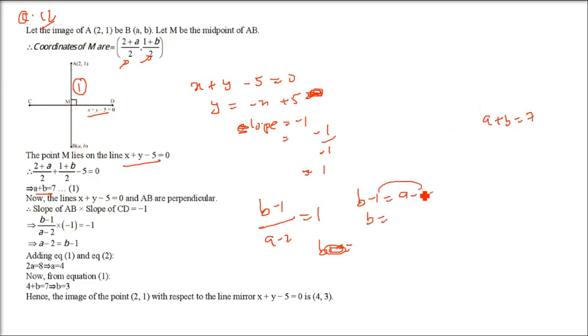So now you can solve them. Putting b as a minus 1, you get 2a equals 8, a is 4. A is 4, b will be 4 minus 1, that is 3. So you get 4 and 3. These are the points, (4, 3).